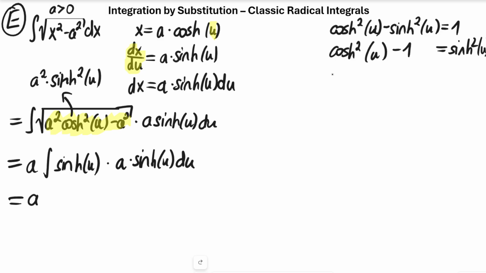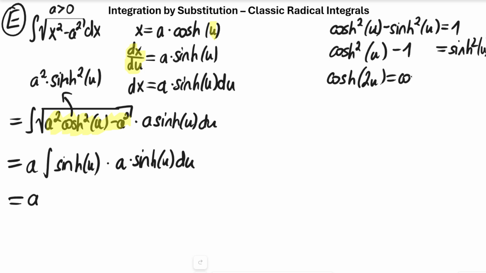We continue here on the right side. First, remember, what is the hyperbolic cosine of 2u? Recall this from the first semester.